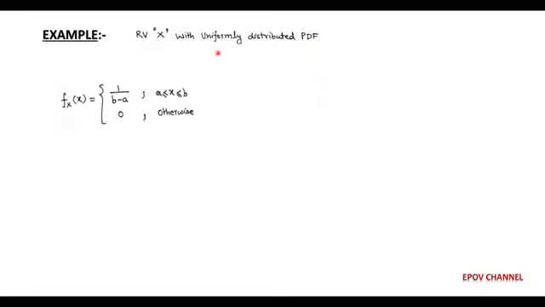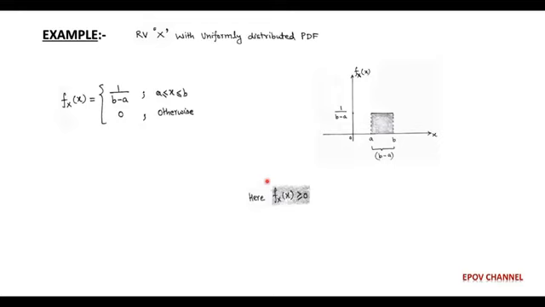Now let us take an example of PDF, that is probability density function, with the random variable x as uniformly distributed, which means it totally fulfills all the properties of probability density function. That is, the first property is it must be a non-negative function, and the second is area under the curve must be unity.